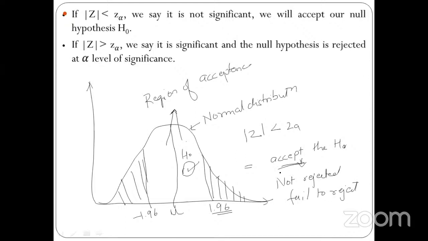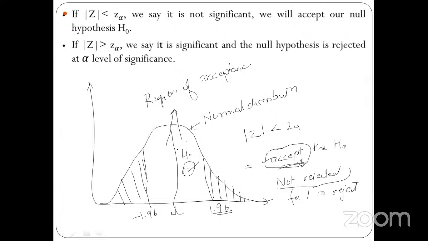But in an exam, traditional teachers still use this word, so we can't say it's wrong. If answering orally or in writing, say we cannot reject the null hypothesis. But if it is an MCQ with the option accept the null hypothesis, then tick it. So I think you have understood this.